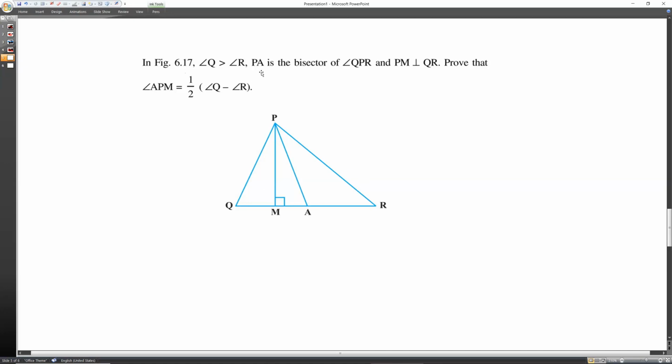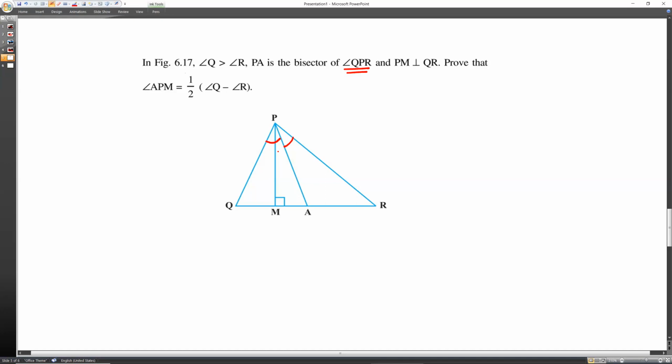So PA is the bisector of angle QPR. So this angle is equal to this angle. It is given to you.